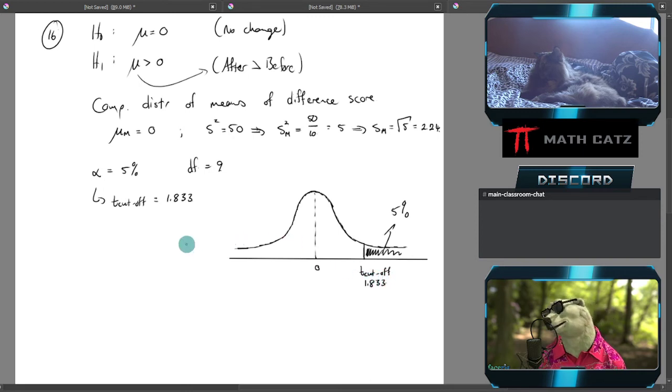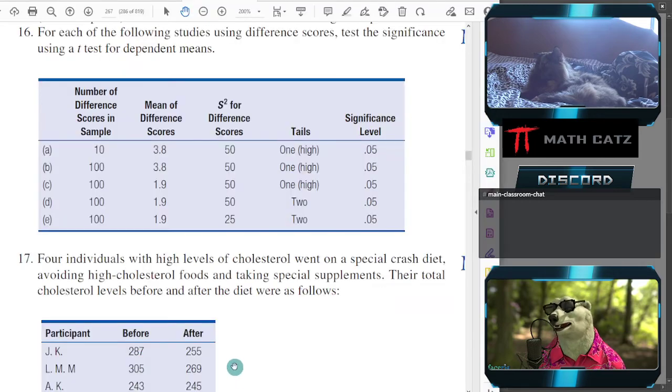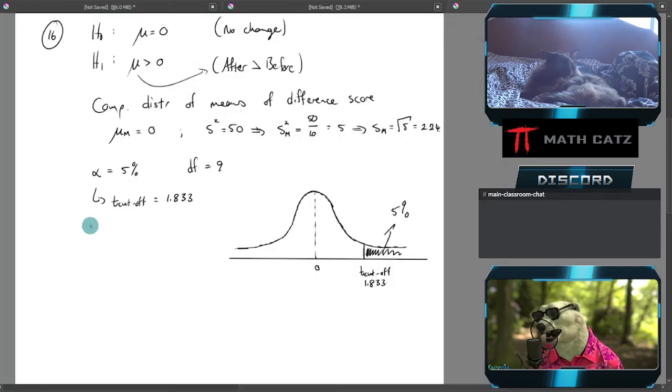There we go. Now we want to see, what did we observe? We observed a mean of 3.8. So observed mean of 3.8, that tells me, when I standardize it, what is the observed t-score?